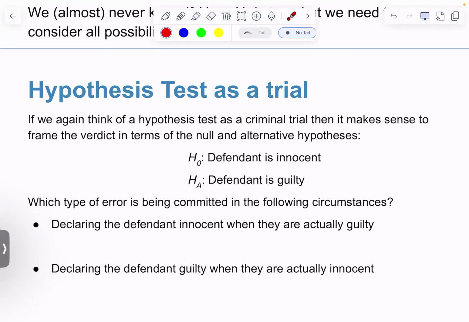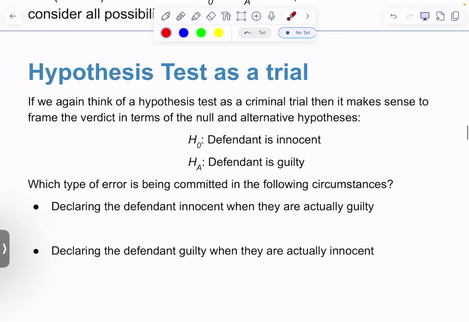And so this is the same as having an equal sign in your null hypothesis: okay, nothing happened here, this person's innocent. Once I have enough evidence against that, though, then I can conclude that the defendant is guilty.